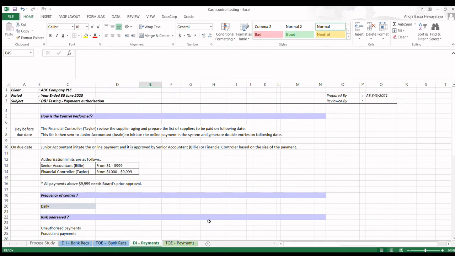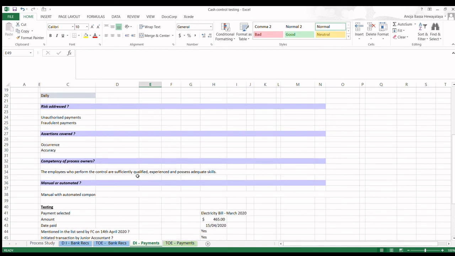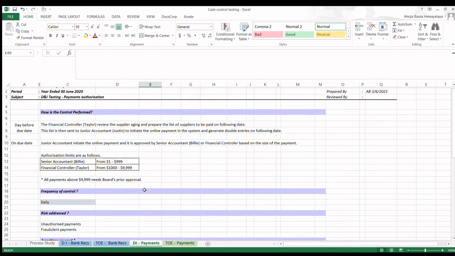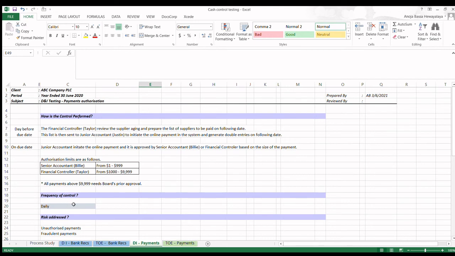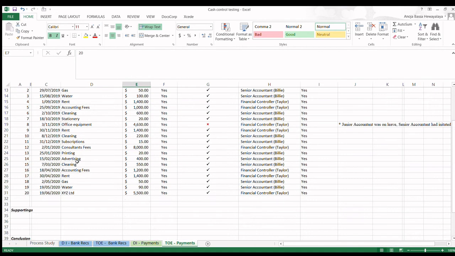Next, I have done design and implementation testing on payment authorization, where I considered the same aspects as I did for the previous design and implementation process, which I'm not going to discuss in detail. The only difference is that the frequency of the control is daily, so I'm going to test a higher sample for the test of operating effectiveness.